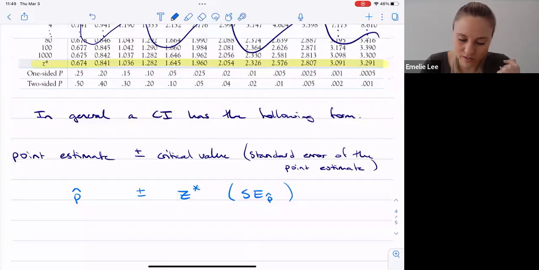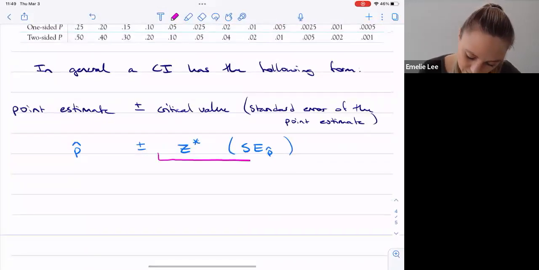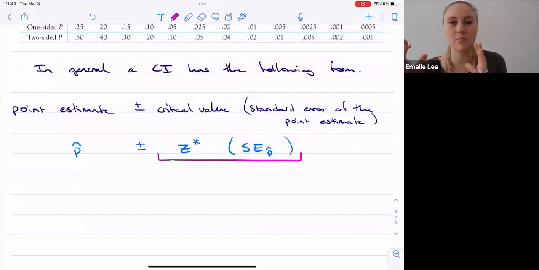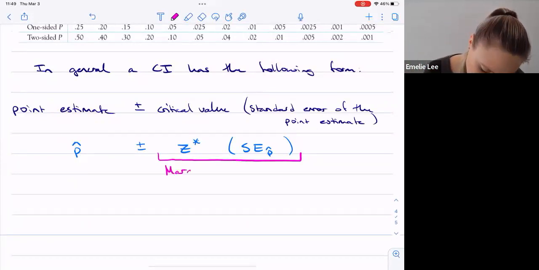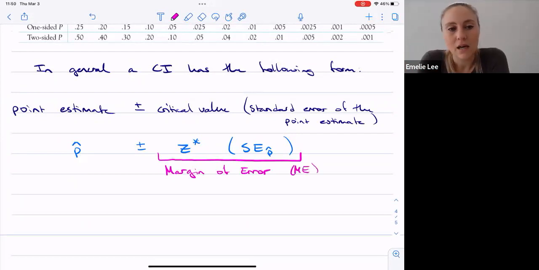Okay. But I want to just leave it like this for a little bit longer while I point out that this plus minus chunk, right? Everything that you're adding and subtracting from your point estimate is called your margin of error, which I usually just abbreviate ME, but MOE is an option as well.